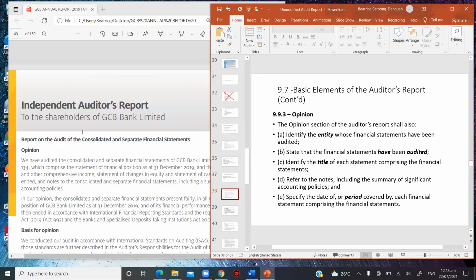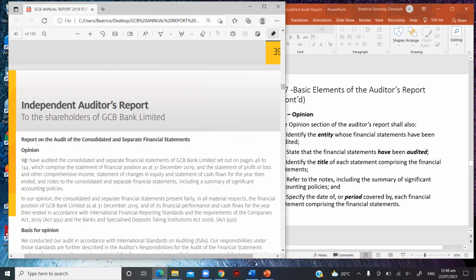So we said it will identify the entity. So what do they have here for us? We have audited the consolidated and separate financial statements of what? GCB Bank Limited. So let me erase this. I couldn't write it well.